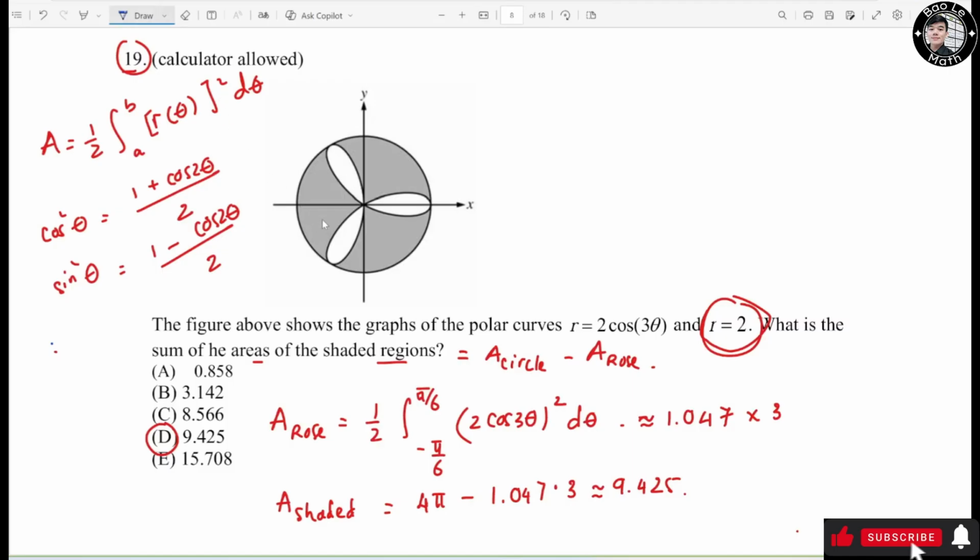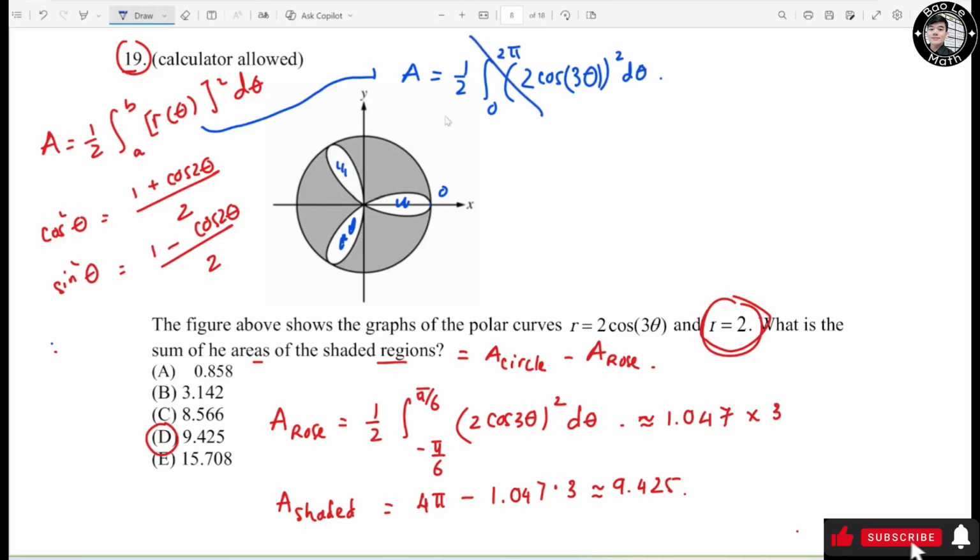Now we have the second way to calculate the area of the rose curve right here. And I believe that most of you will make a mistake. You're going to do it like this. Area equals 1/2 the integral from 0, and then it goes back to the full circle, so it could be 0 to 2 pi of 2 cosine of 3 theta altogether squared d theta.